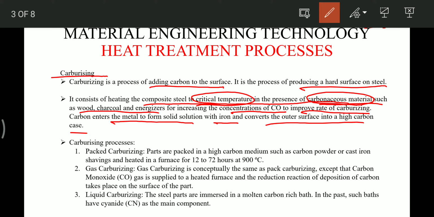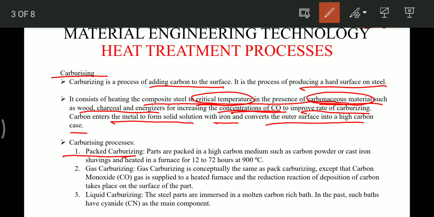If we increase the percentage of carbon on the surface, we get a harder surface and more strength.